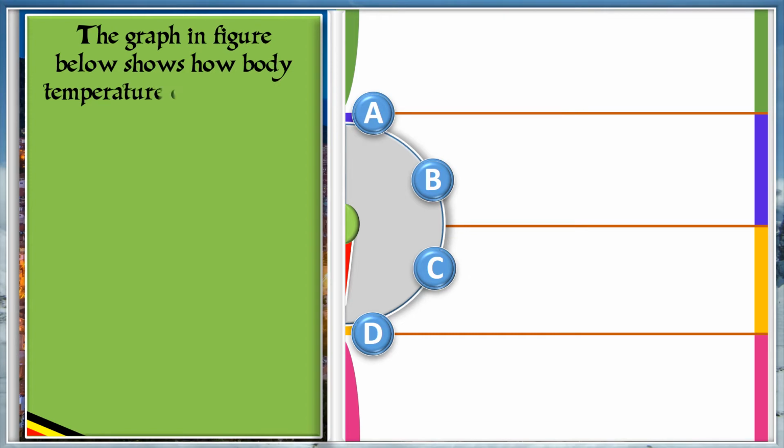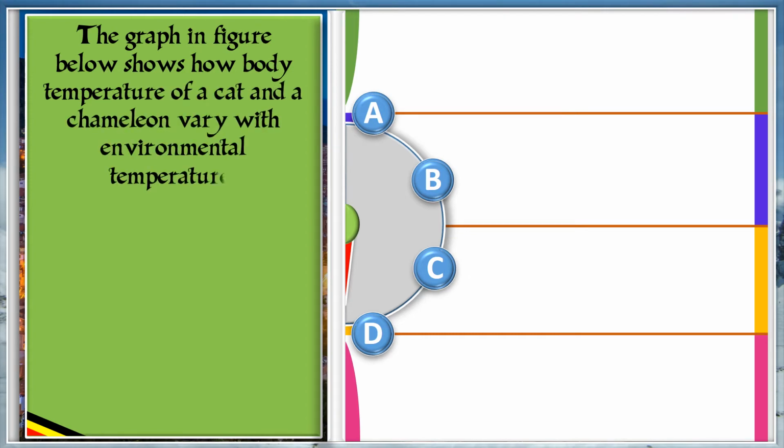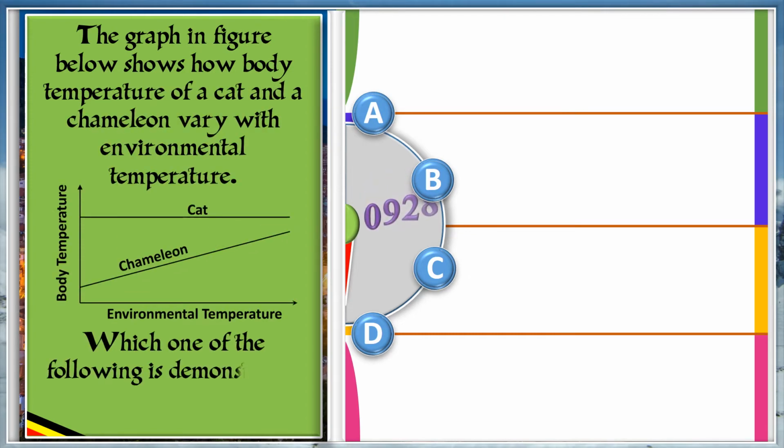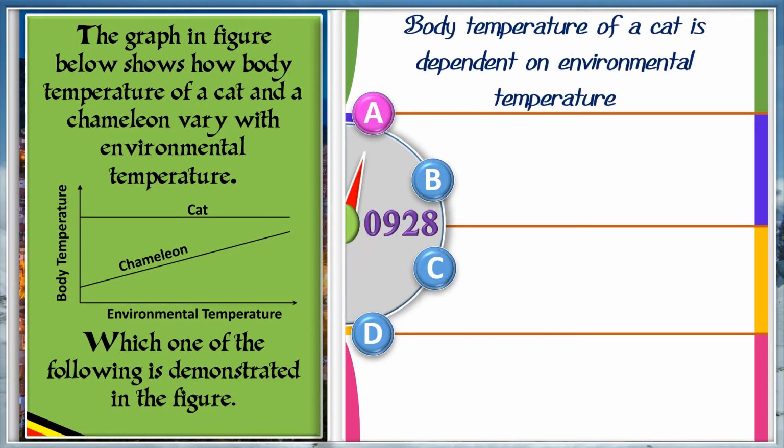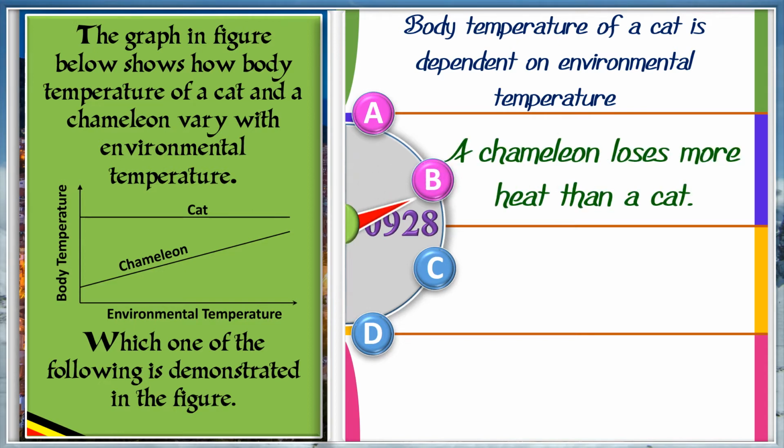The graph in the figure below shows how body temperature of a cat and a chameleon vary with environmental temperature. Which one of the following is demonstrated in the figure? A. Body temperature of a cat is dependent on environmental temperature. B. A chameleon loses more heat than a cat.